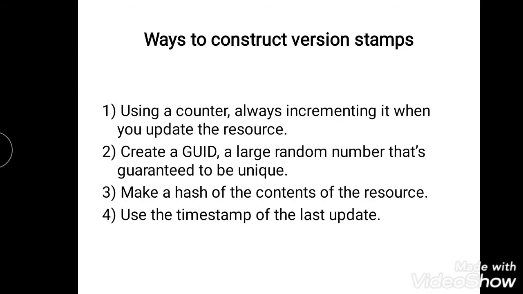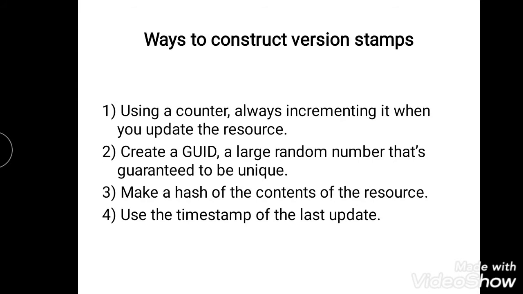This can be generated by anyone, and it will never be duplicated. The disadvantage is that they are large and can't be compared for recentness. The third approach is to make a hash of the contents of the resource, a content hash, which can be globally unique like a GUID. And the advantage is that it is deterministic: any node will generate the same content hash for the same resource and data.